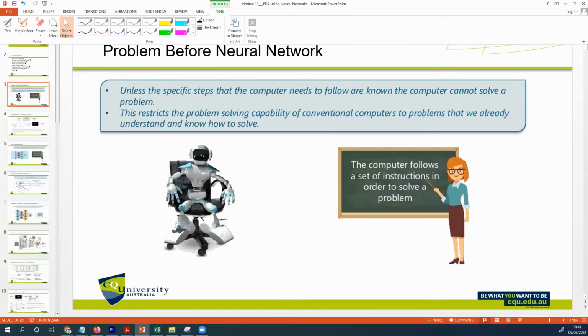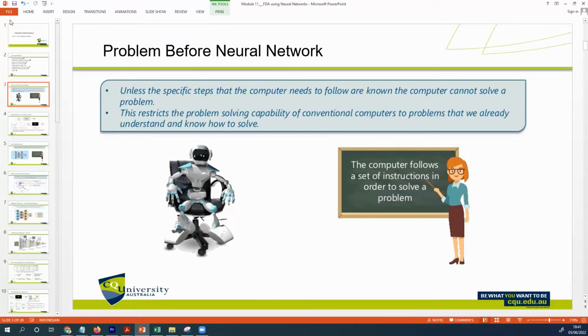So why do we need neural networks? There are a lot of problems. There are a lot of models that the computer cannot solve.